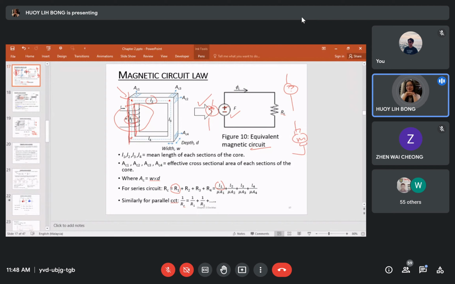You can also take somewhere around here, which is also correct. But if you have a computer, we can do the so-called iteration, so we can calculate the exact reluctance of this whole core. You take the whole of these things.